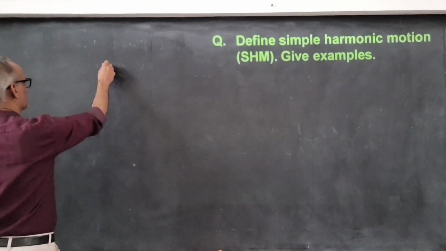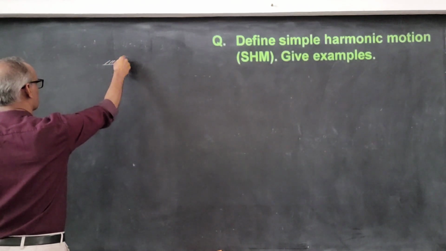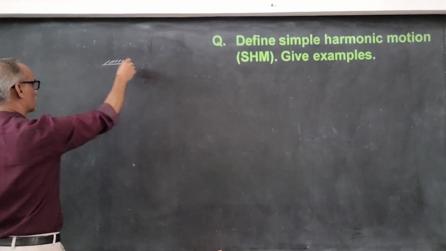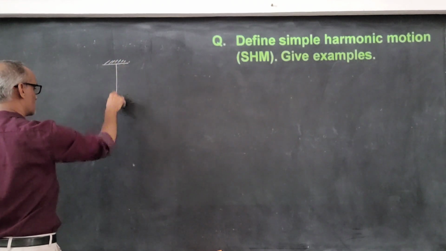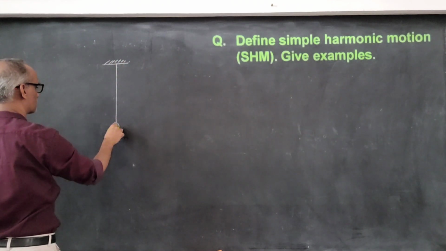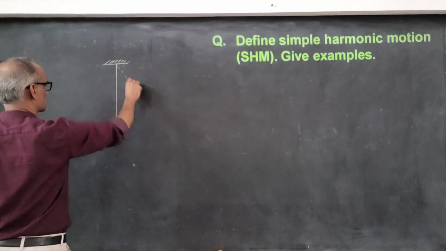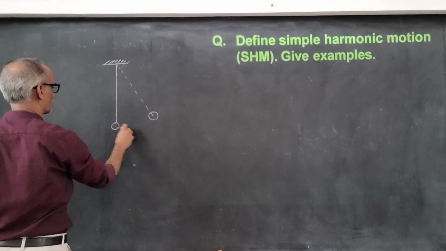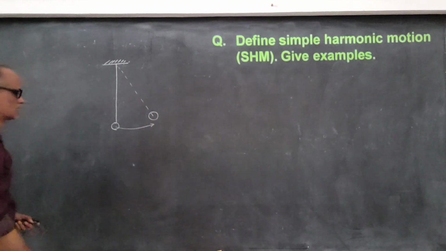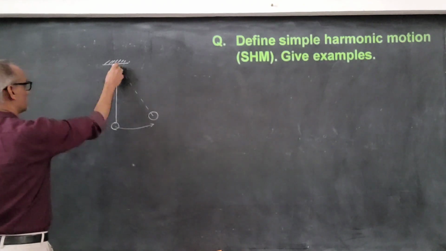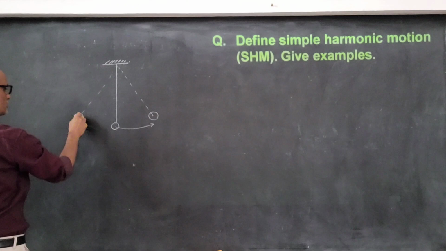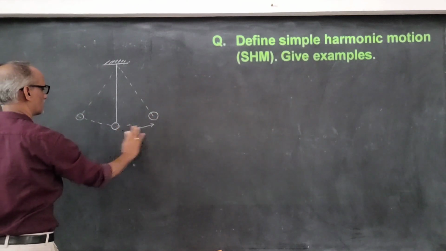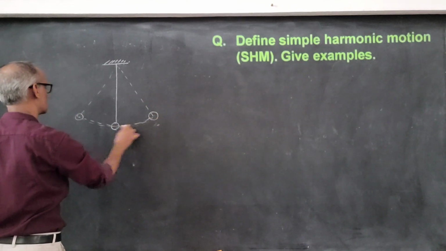So I'm going to consider the example of the simple pendulum, then we'll understand what exactly this question is all about. So this is the mean position and this is the extreme position. As the pendulum oscillates like this, and again this is another extreme position, the pendulum oscillates like this.